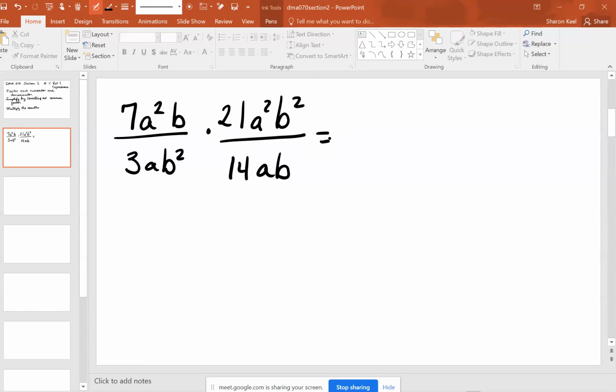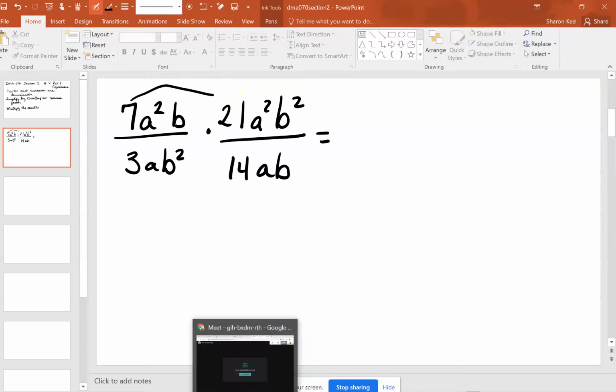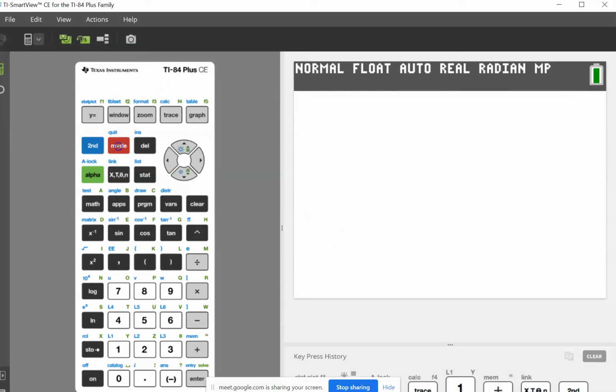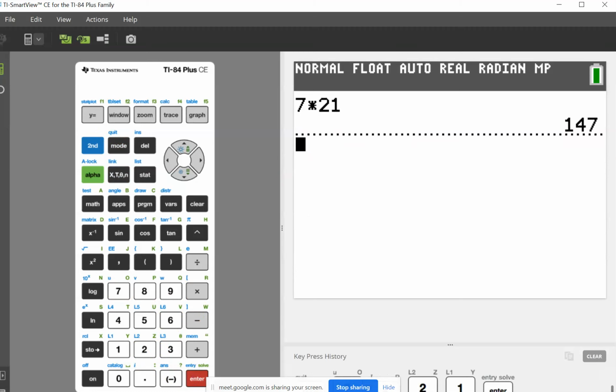When I begin something such as this, the first thing that I want to pay attention to is everything in the top is being multiplied. There's no addition or subtraction. Same thing in the bottom. So we want to multiply 7 times 21. 7 times 21 gives us 147.